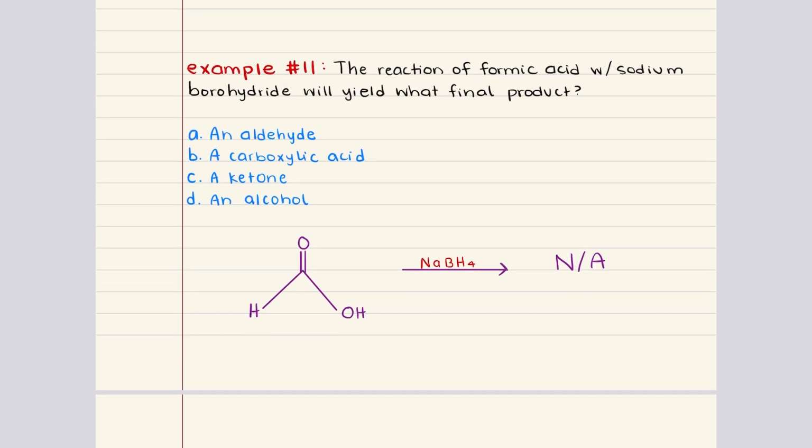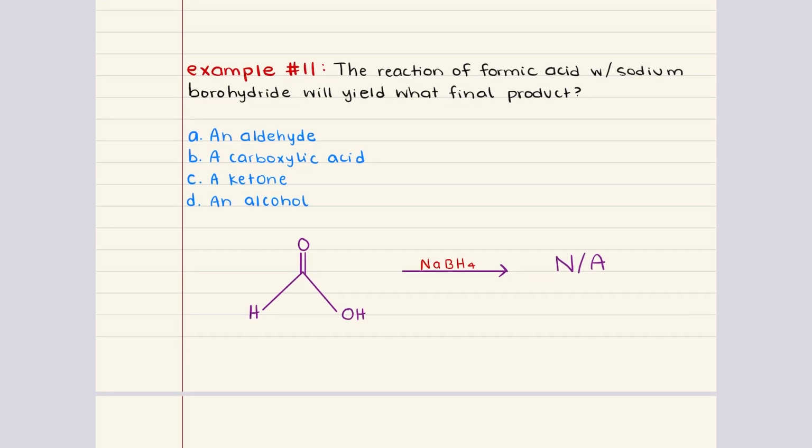Problem 11 says, the reaction of formic acid with sodium borohydride will yield what final product? First, it's important to know that sodium borohydride is a mild reducing agent. It is strong enough to reduce aldehydes and ketones into alcohols, but it is not strong enough to reduce carboxylic acids.